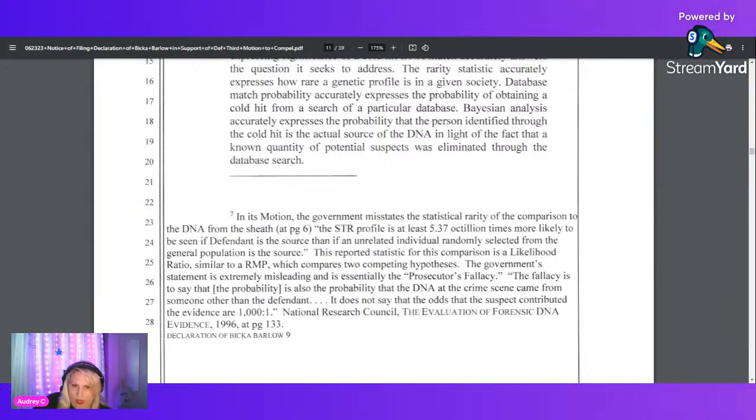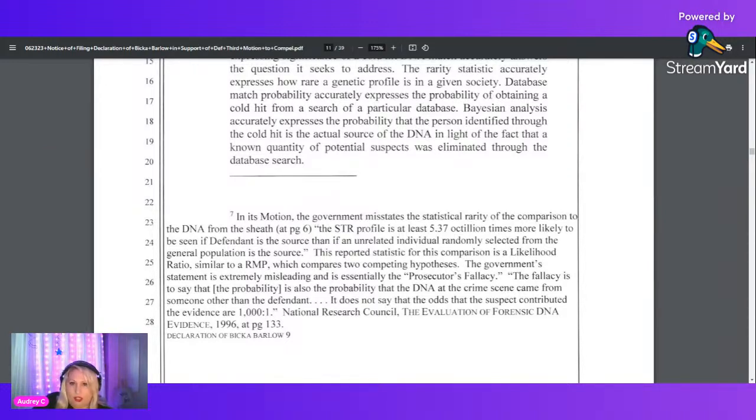So you have the likelihood ratio and the RMP. Those are the two things that Bill Thompson is confusing here. And that's why she's saying, hey, you're essentially having the prosecutor's fallacy.